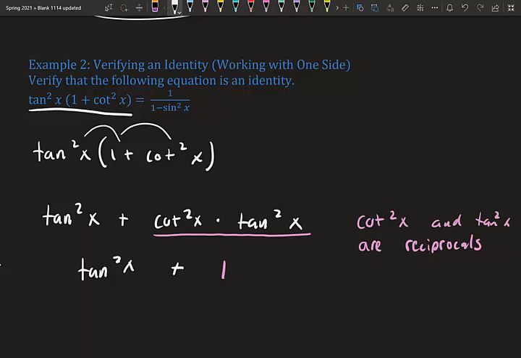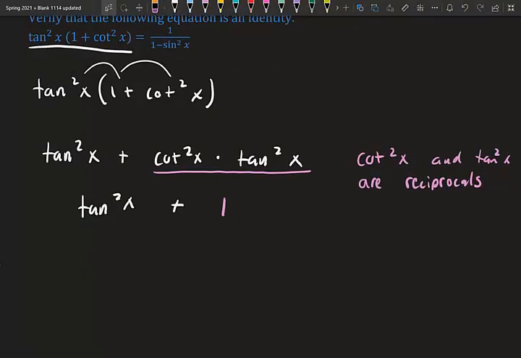Okay, we're getting there. You see how I can't tell you what to do? It's just knowing your identities, all of them, through and through. It's practicing your identities. Alright, so we need to get 1 over 1 minus sine squared x out of this. So we need to somehow get sine out of this. Let's see if there's anything we can do to tangent squared x.